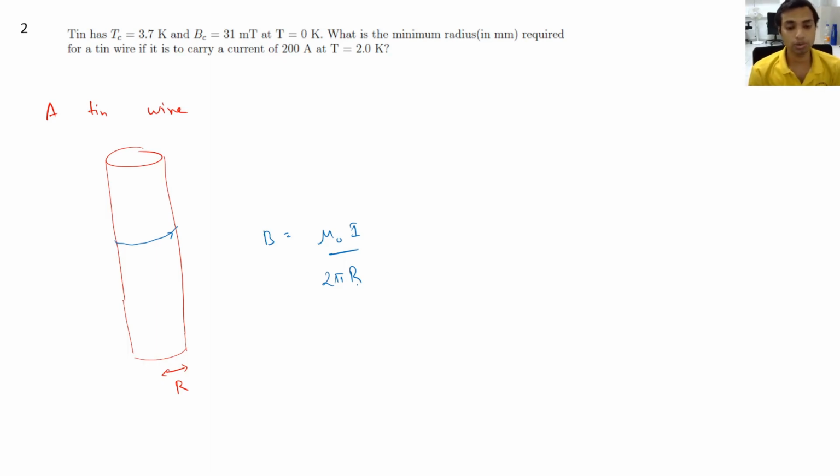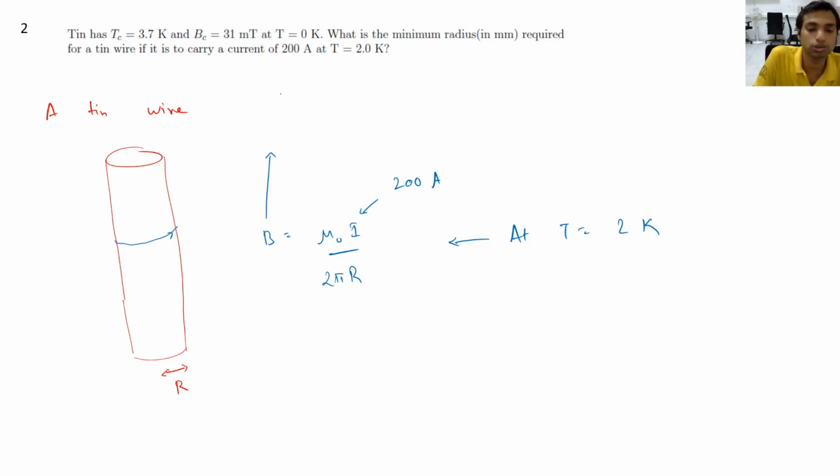So for a given amount of current, there has to be a magnetic field. We know that the current we require is 200 ampere, mu 0 is a constant, 2 pi is a constant. This B, we have to find at which temperature? At T equal to 2 Kelvin.